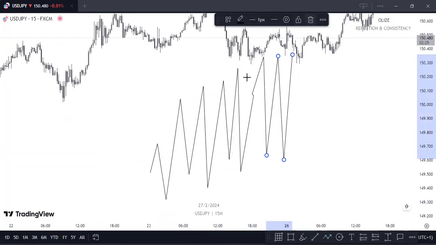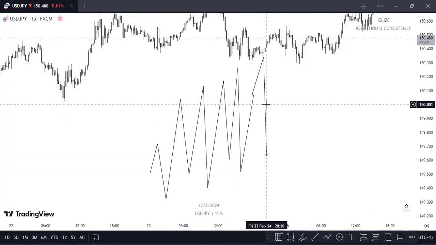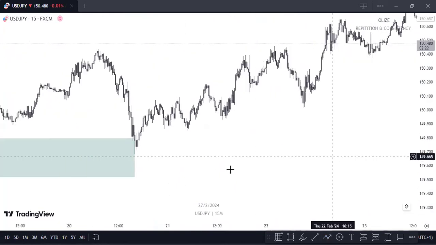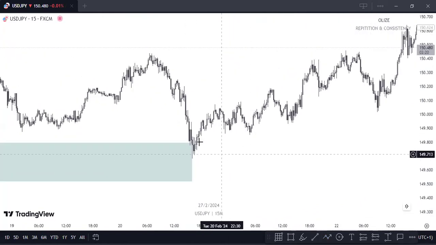So scaling down to this lower time, this is an order block.